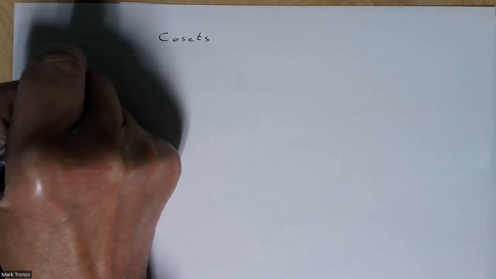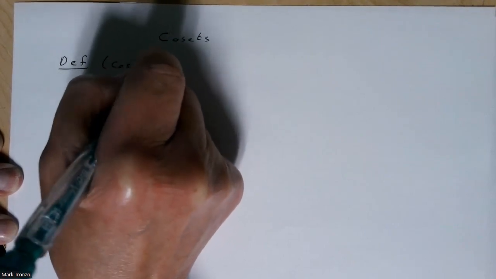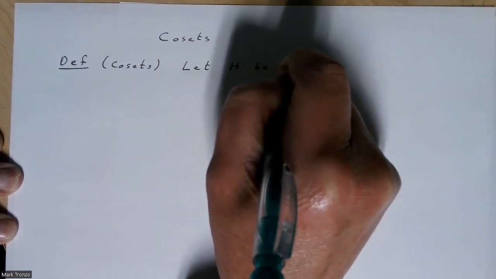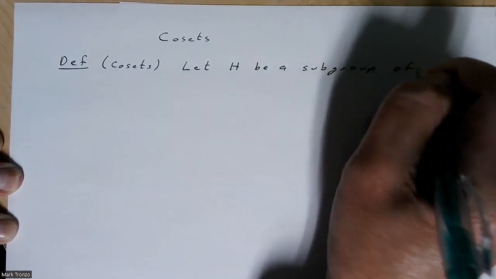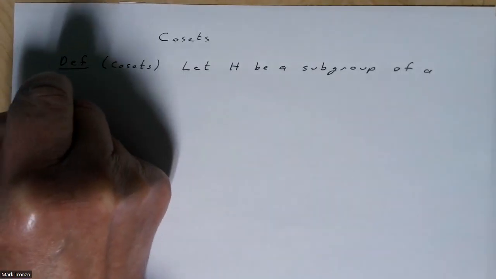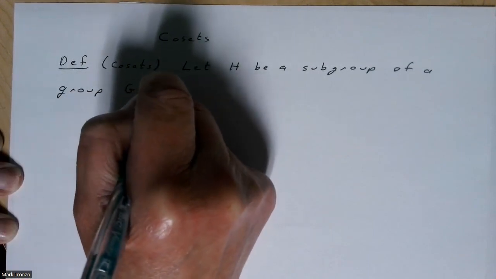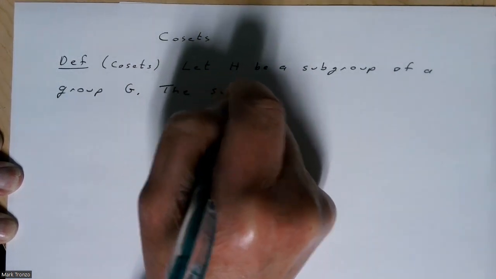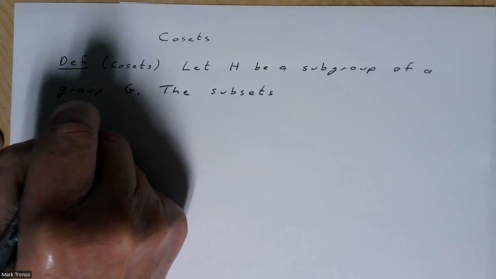Now we'll talk about cosets, and let's give a definition. Let H be a subgroup of a group G, then the subset aH like this.